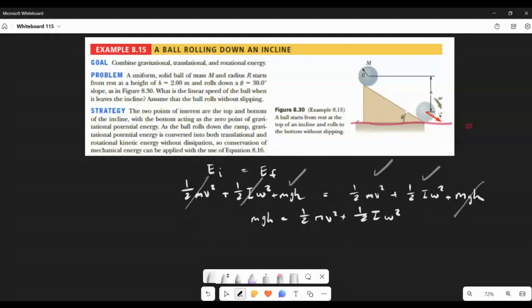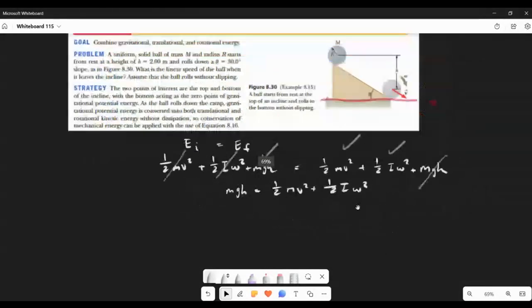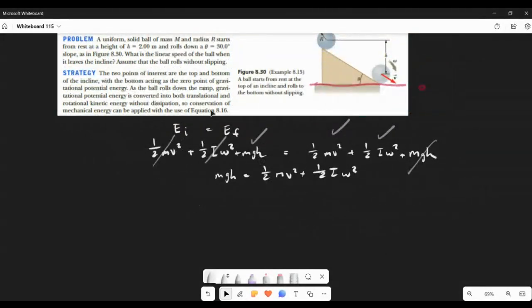It's particularly important for any object which is rotating. So always remember, we always look at the initial condition, what energy does the system possess, and what energy does the system possess in the second condition. Obviously, we're calling them initial and final, but there could be several, like from A to B, from B to C, from C to D. Just want to make that clear to everyone.